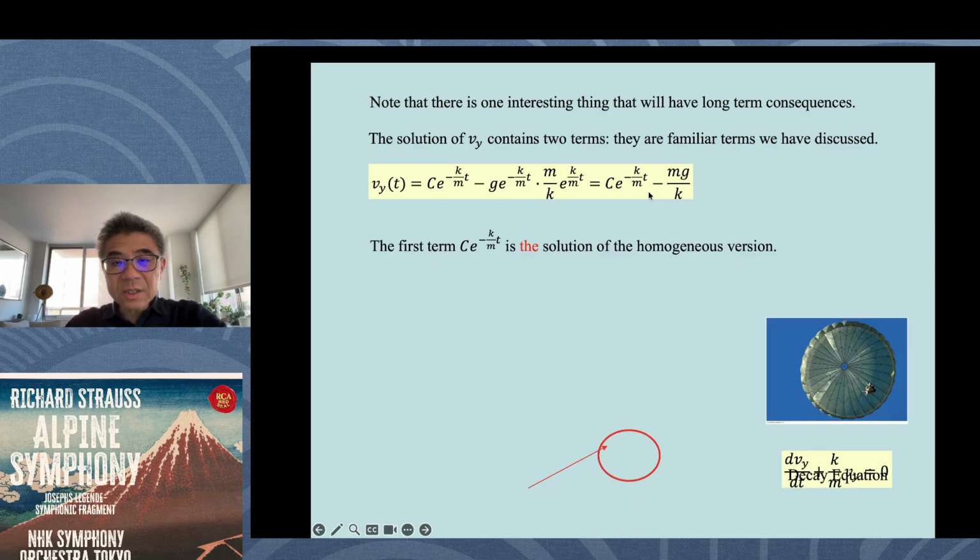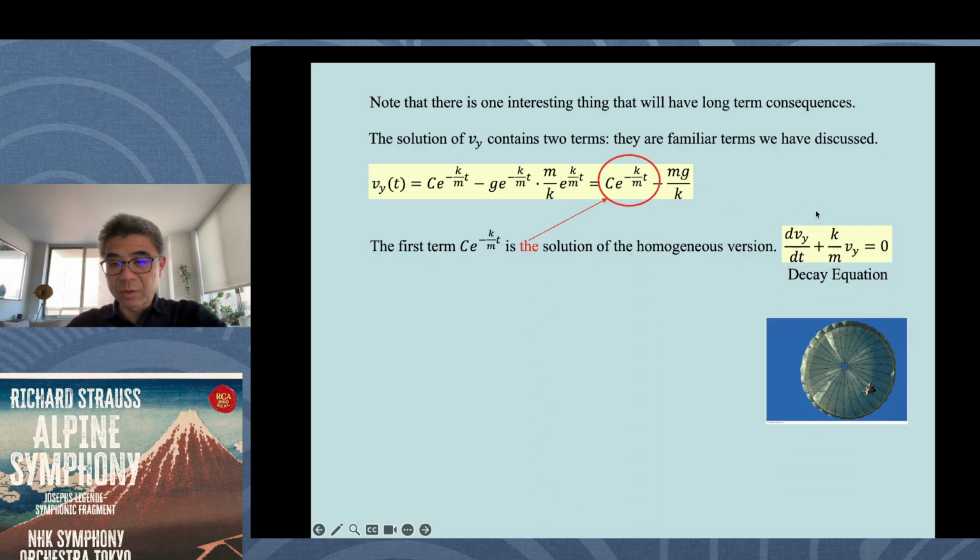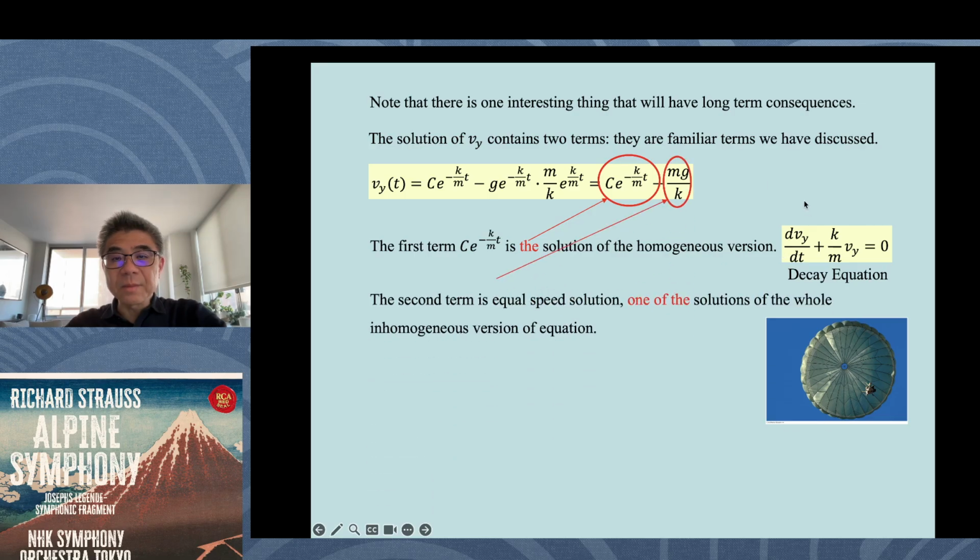How about the other term? Mg over k, if you still remember what I said earlier, we call it the equal speed solution. This is a solution of the inhomogeneous decay equation. But at that time I told you that this equal speed solution is unlikely to satisfy all the initial conditions.